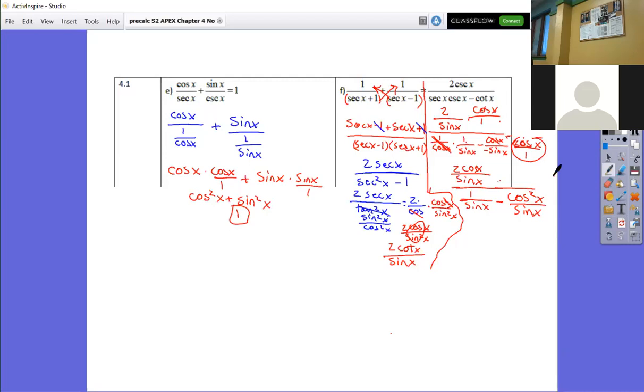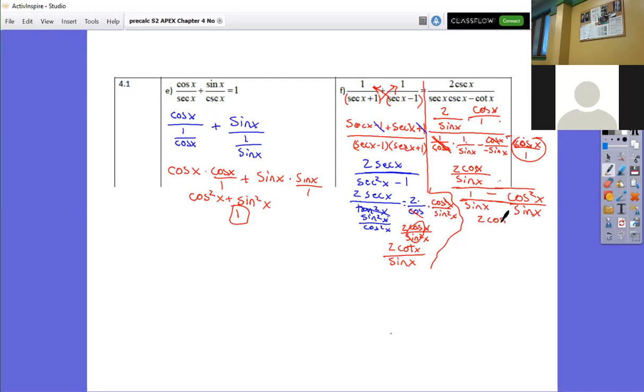All right, so now we're here. So these are the same, right? So let's go ahead and combine them. So we have 1 minus cosine squared of x, which is really what? Sine squared x, right?